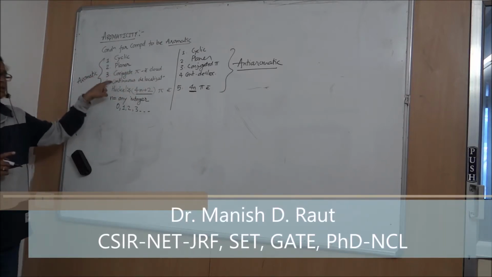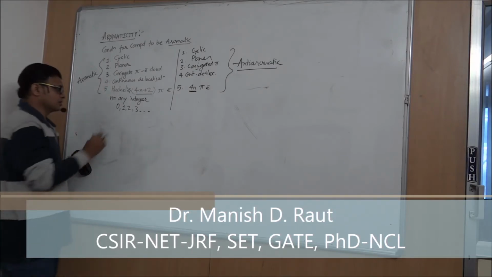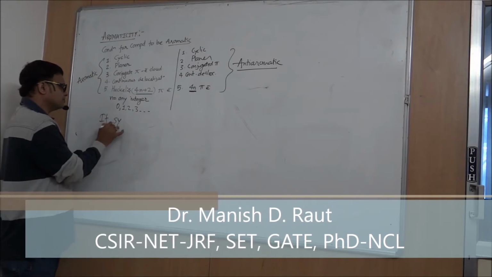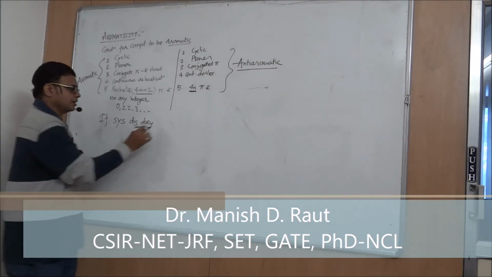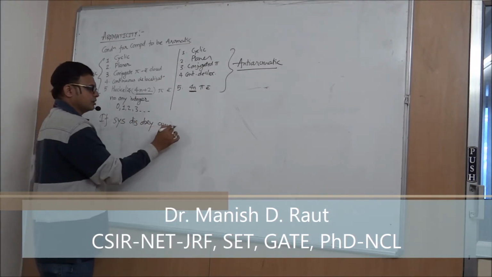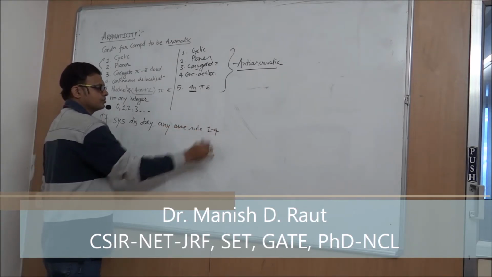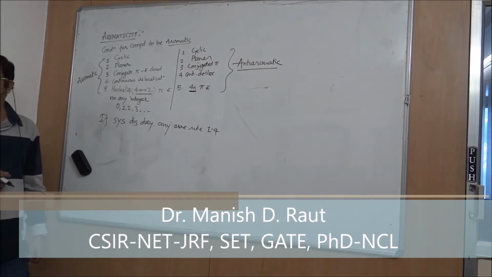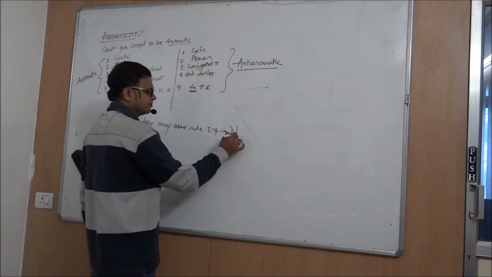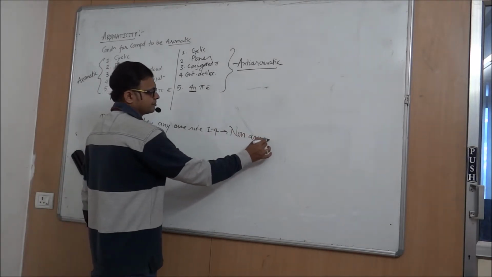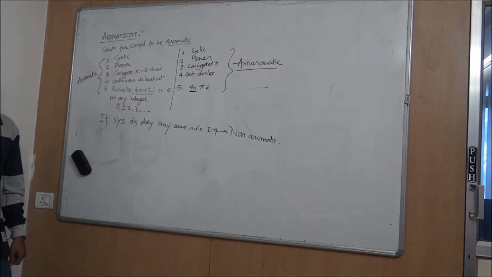If a system disobeys any one rule from 1 to 4, the system is known as non-aromatic.